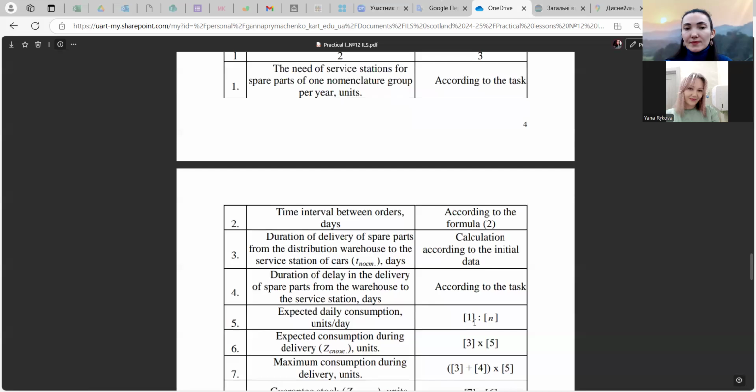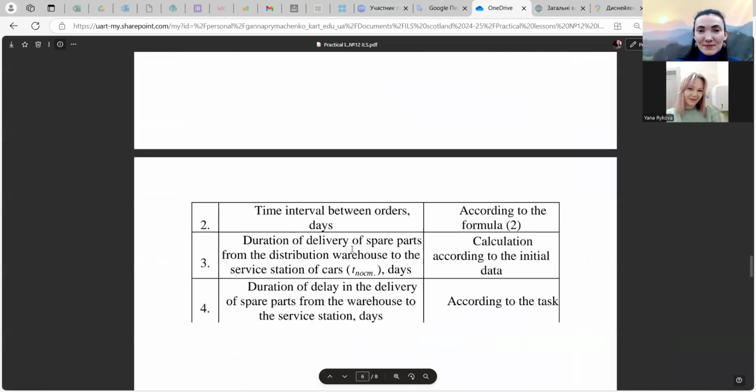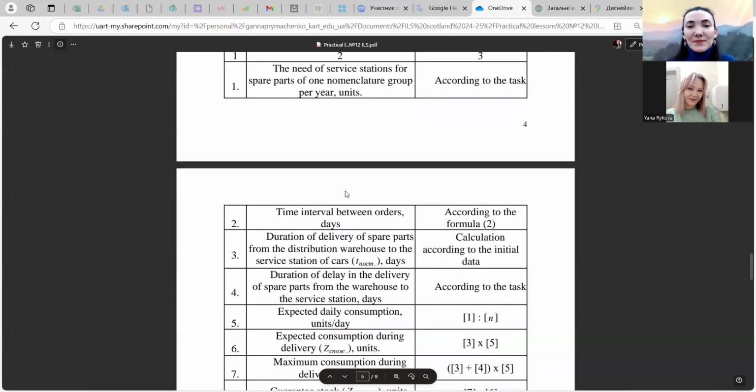And the result is units by day. It is very big. Oh, it is good.